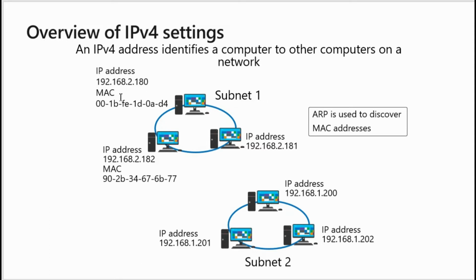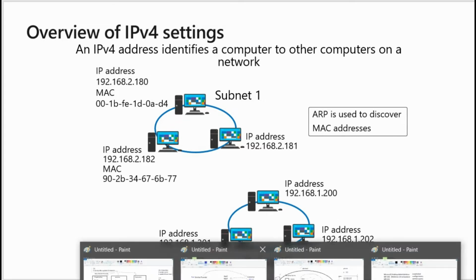But this one starts with 1.200, 1.202, 1.201. So subnet 1 has different addresses, and subnet 2 has different addresses.